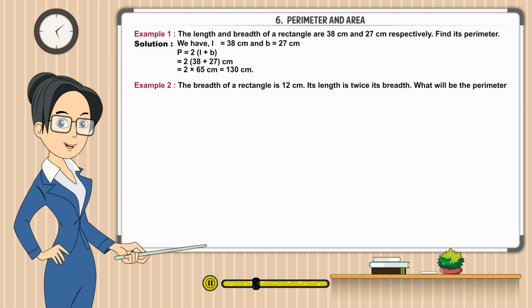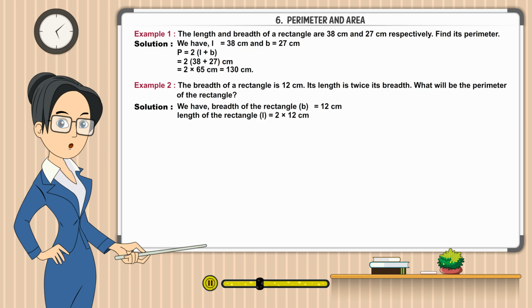Example 2. The breadth of a rectangle is 12 cm. Its length is twice its breadth. What will be the perimeter of the rectangle? Solution. We have breadth of the rectangle B is equal to 12 cm. Length of the rectangle L is equal to 2 into 12 cm is equal to 24 cm.